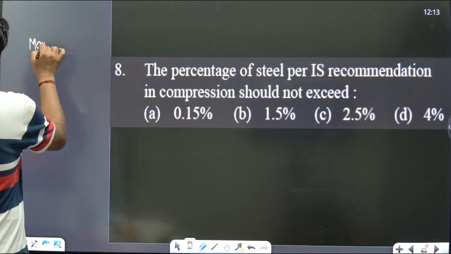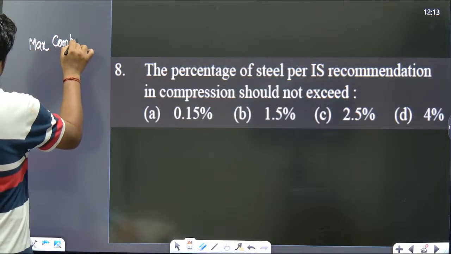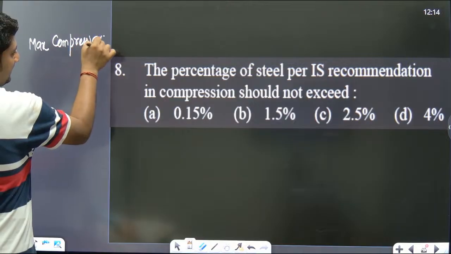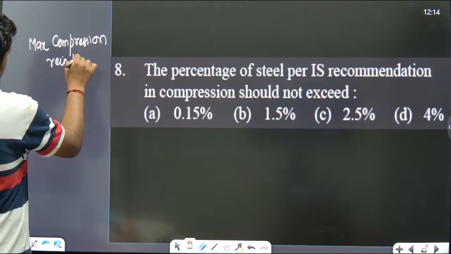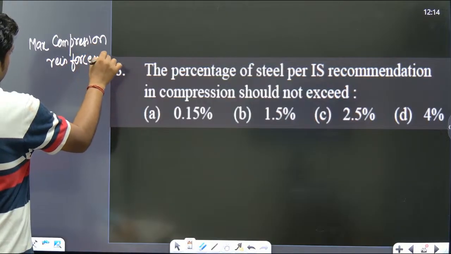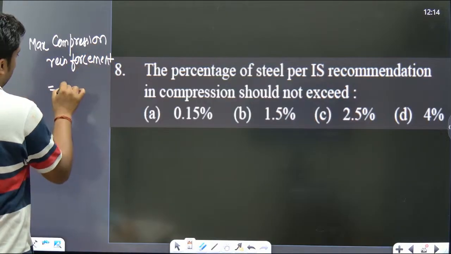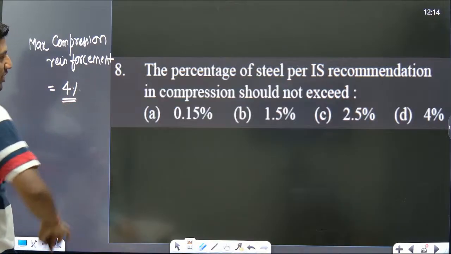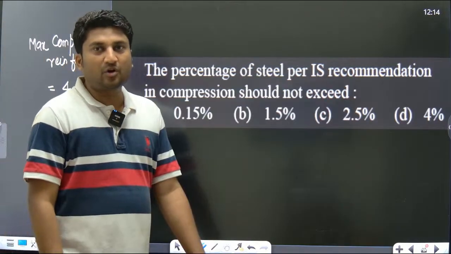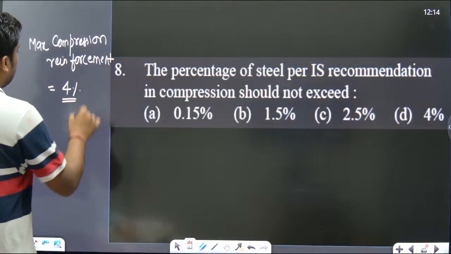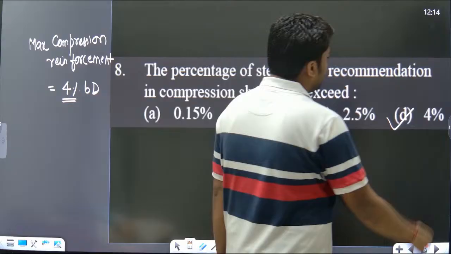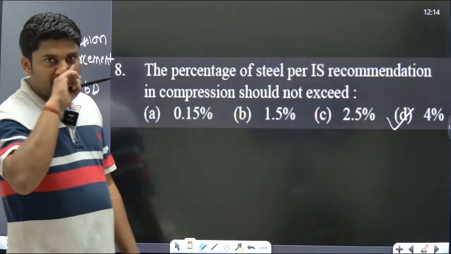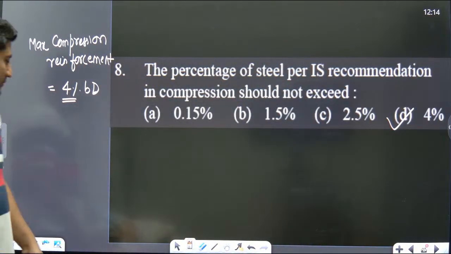Maximum compression reinforcement as well as maximum tension reinforcement shall not be more than 4% of the gross cross section area, B into capital D. Hence the correct answer is option D. Clear everyone? We'll move towards the next question.